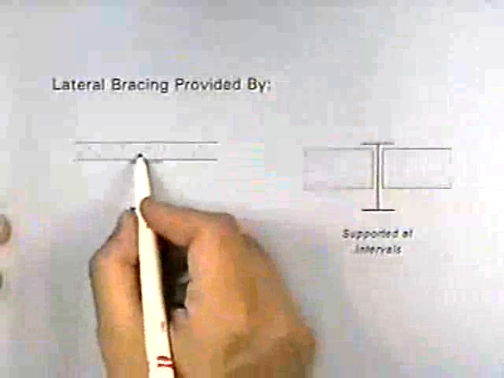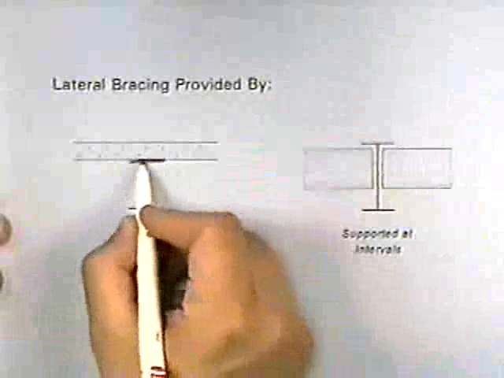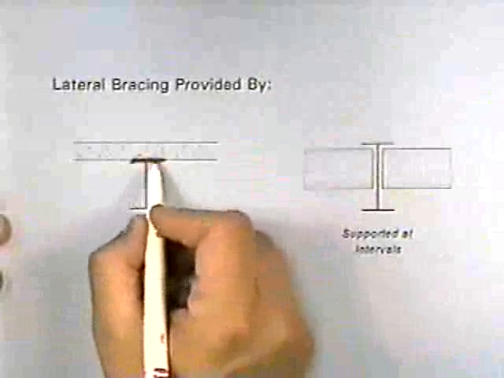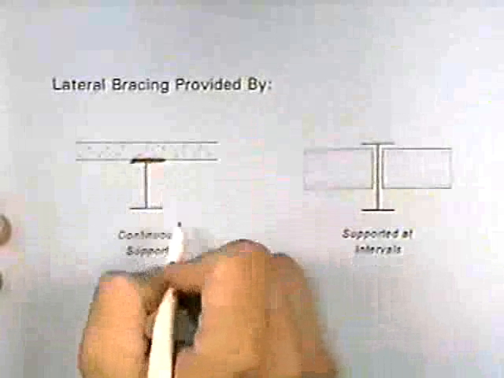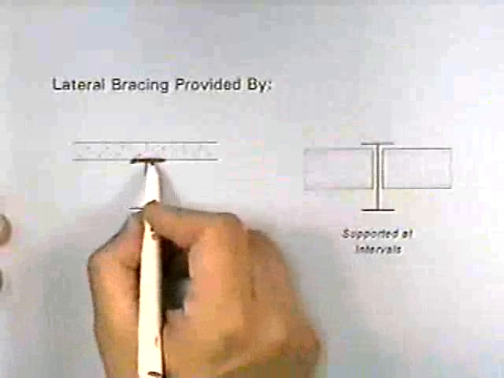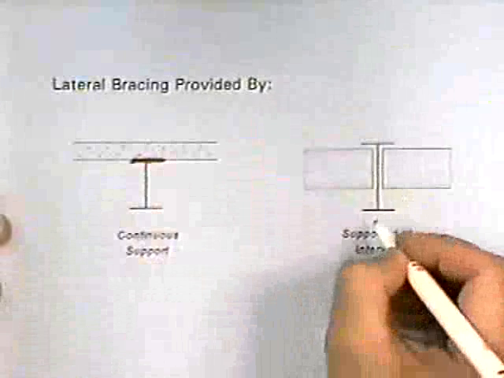One way to prevent lateral torsional buckling is to provide bracing of the compression flange, and a lot of times you get that just by the way you construct the building or the frame or the system. A floor slab will give you that, provided that the concrete floor slab is somehow attached to the beam, because that will prevent the lateral buckling.